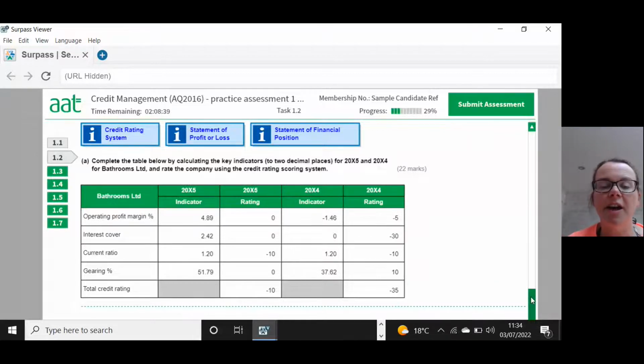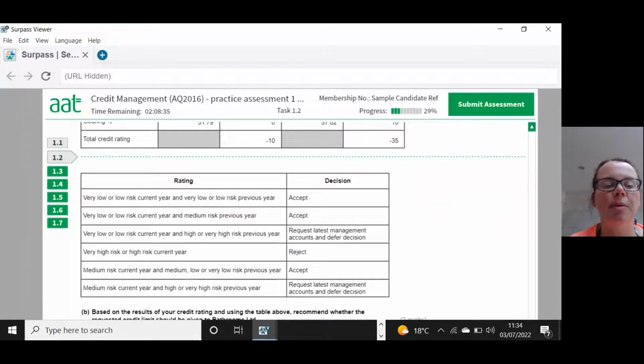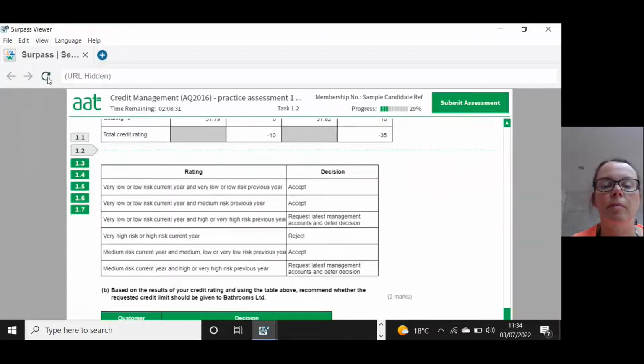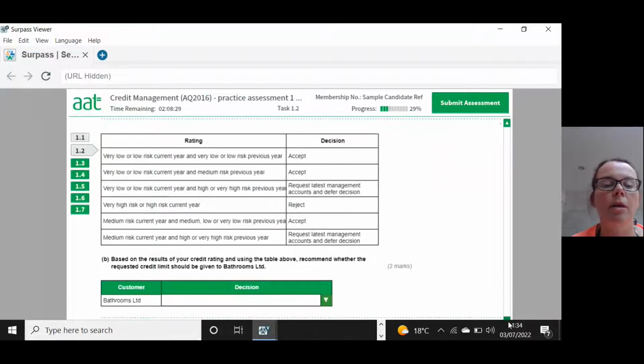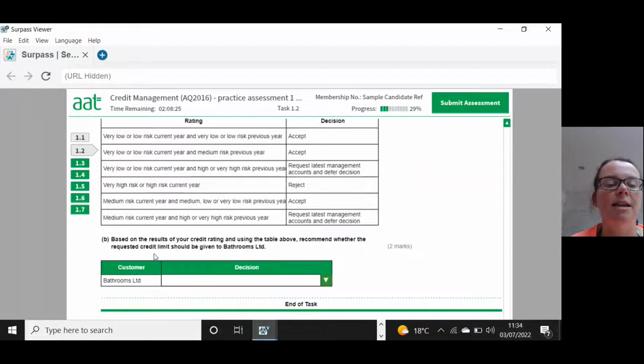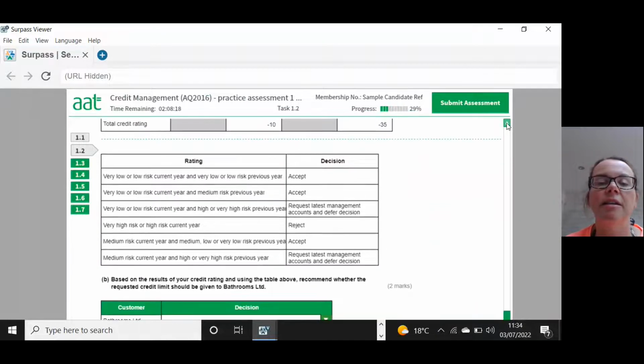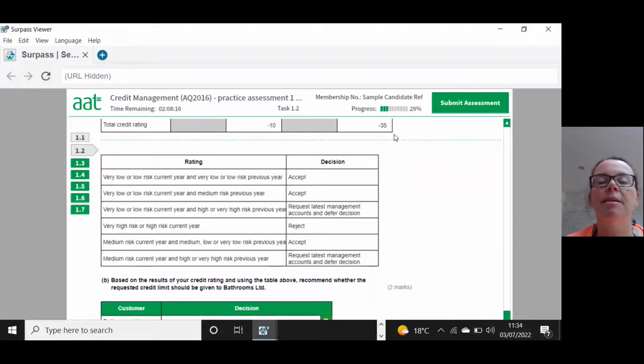Right, so then the final part of this question is to use this table to decide what rating we are going to give Bathrooms Limited.